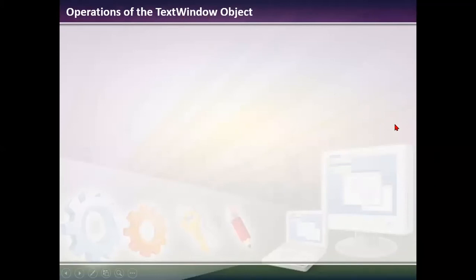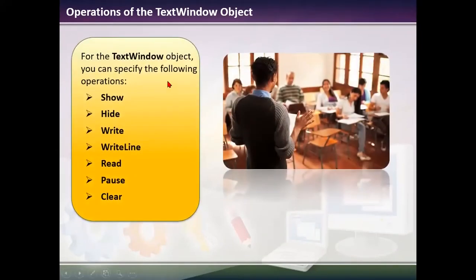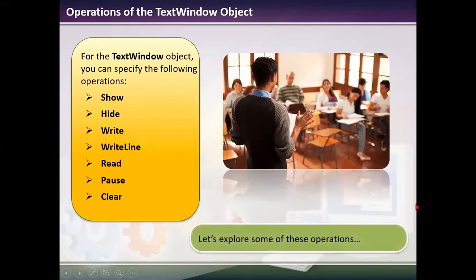Now we have learned what statements are and what properties are related to the text window object. Now we are going to study operations of the text window object. There are some popular operations: show, hide, write, write line, read, pause, clear, likewise. Let's explore some of these operations.